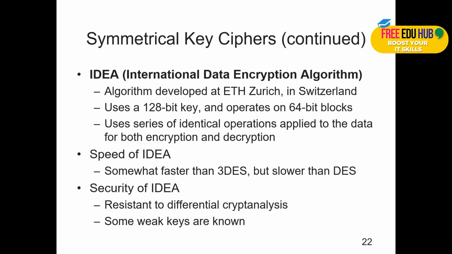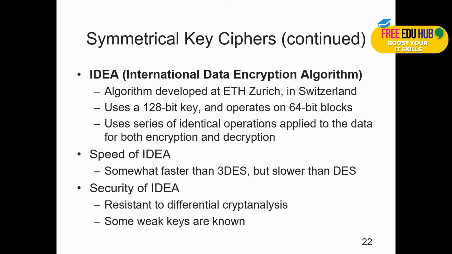Now IDEA is the International Data Encryption Algorithm developed by ETH in Switzerland. It uses a 128-bit key, operates on 64-bit blocks, and uses a series of identical operations applied. The speed of IDEA is somewhat faster than Triple DES but slower than DES.